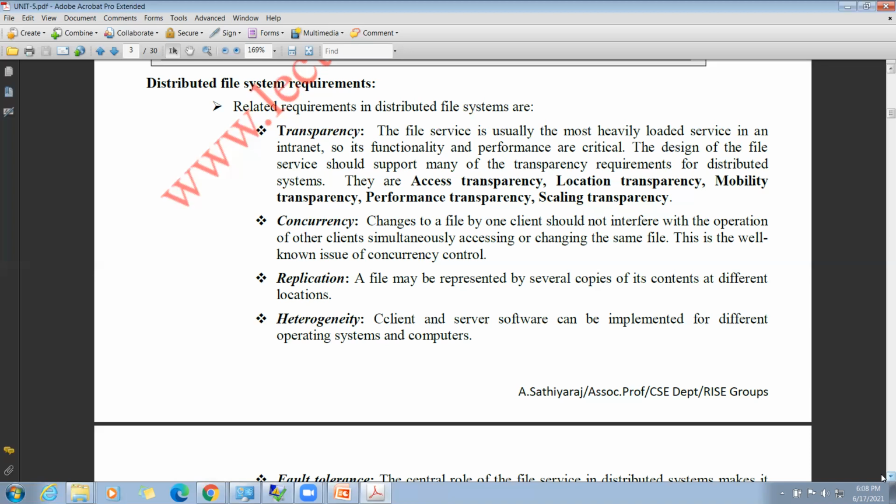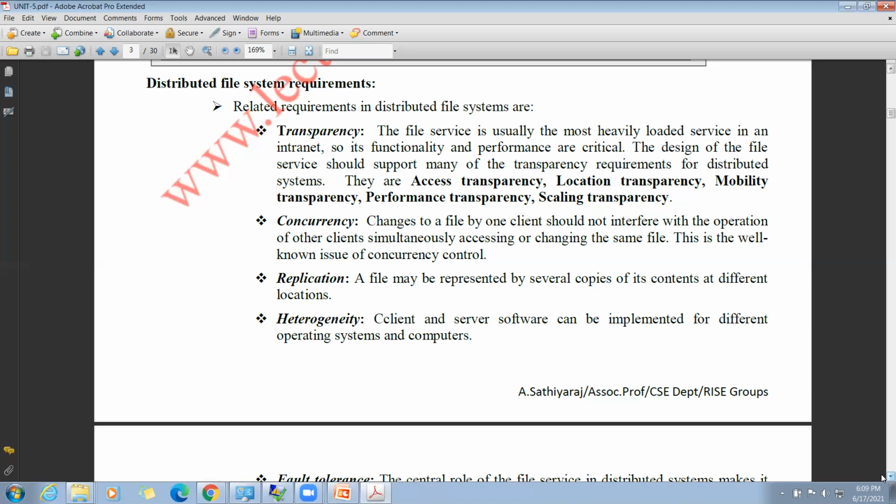I made a modification to the file, but this change will not interfere with your file. Because we are both accessing the same file, but whatever updates I made will not be reflected in your work. This is a well-known issue of concurrency control.